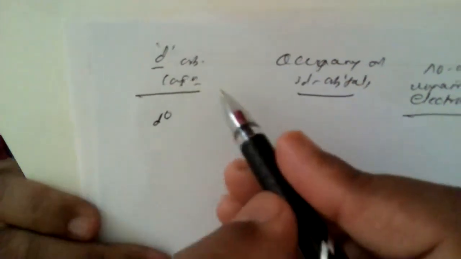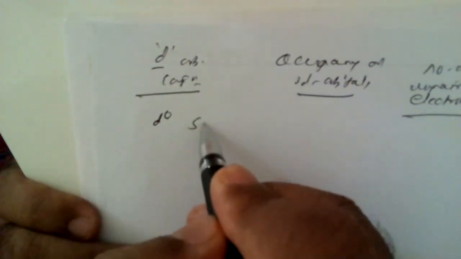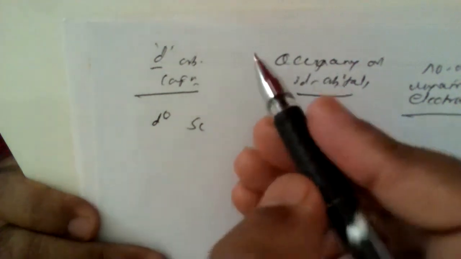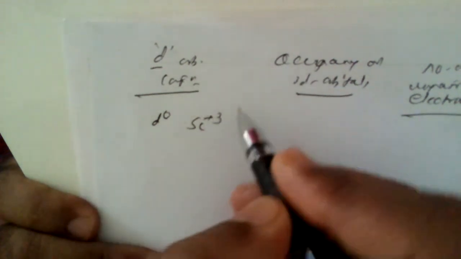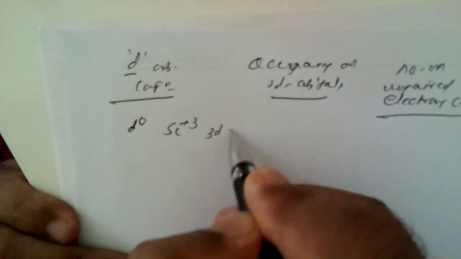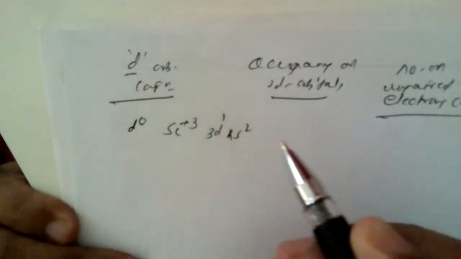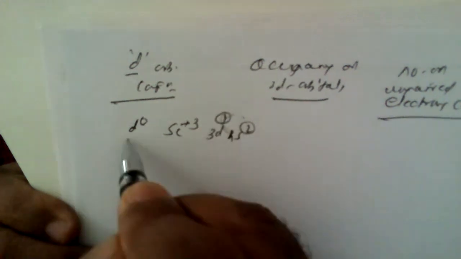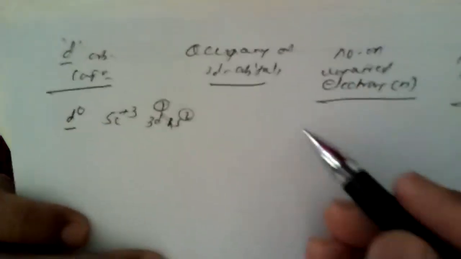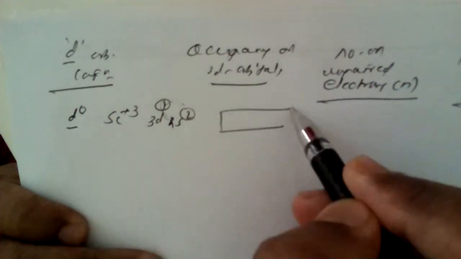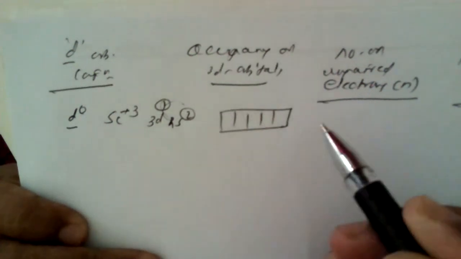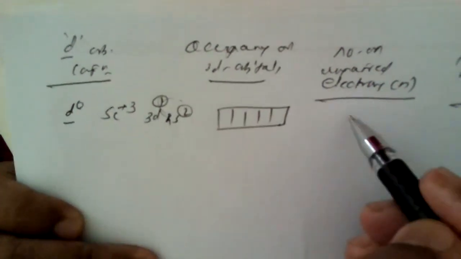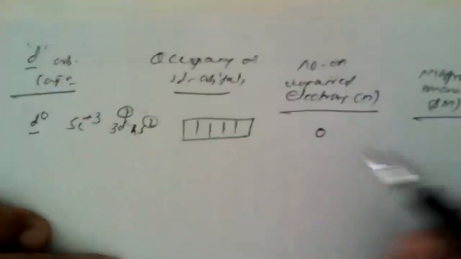What is a d0 configuration? For example, Sc+3. Sc means 3d1 4s2. Loss of all the 3 electrons, that is 2 electrons and 1 electron, leads to d0 configuration. Here, no electrons are there, the number of unpaired electrons is 0, magnetic moment is 0.